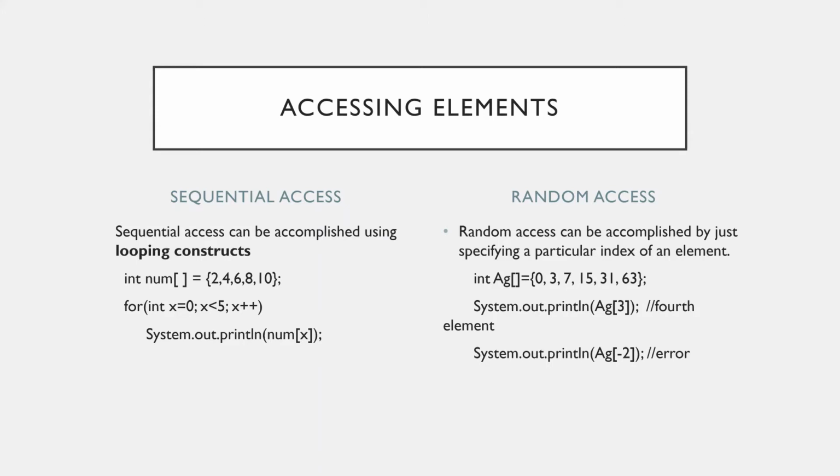If we print ag[-2] or ag[8], that is not inside the range of the index values, that is negative or equal to or greater than the length of the array, it will throw an error, that is array index out of bounds exception.